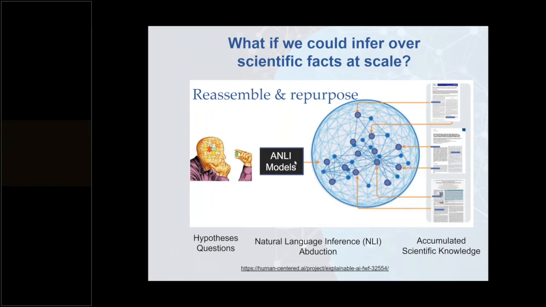And what I'm going to propose here is that one specific method that is now emerging, which we call abductive natural language inference, can be a very central way to look into the perspective of integrating this set of disconnected scientific statements.